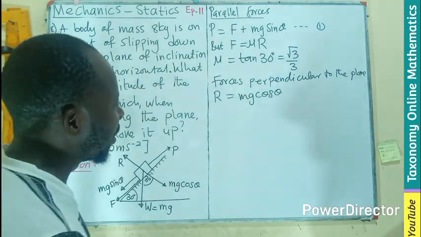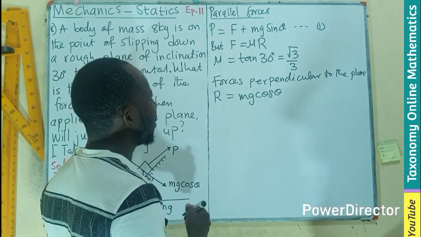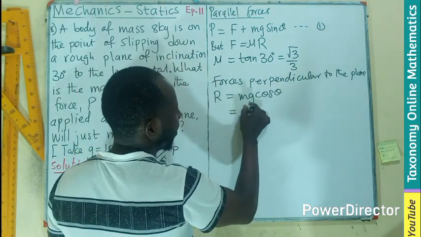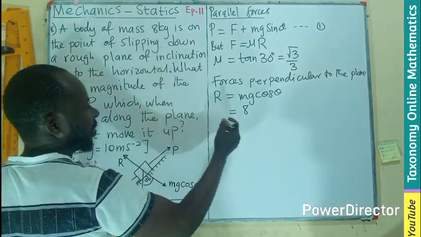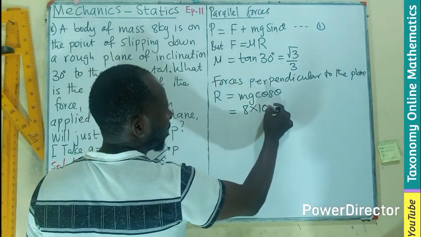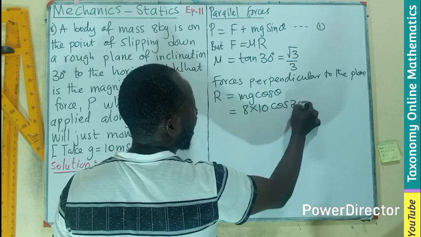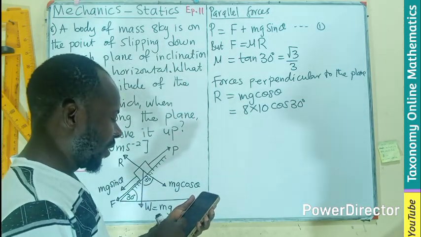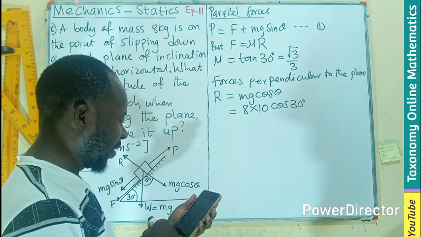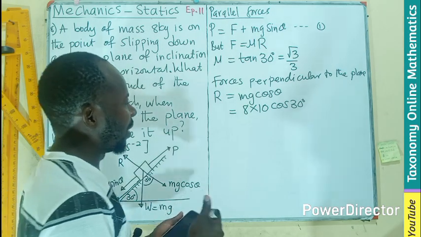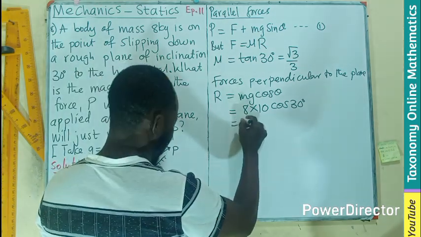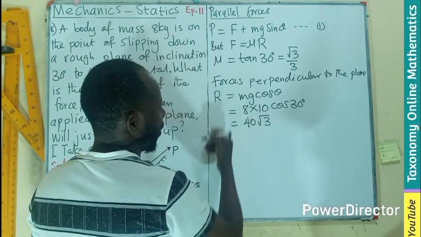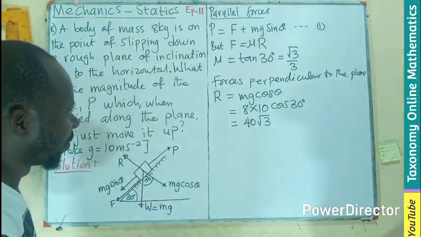By substitution, we have 8 as the mass times gravity times cos of the angle 30. So 80 times cos 30 gives the value of 40 root 3, the normal reaction. That's the force in newtons.